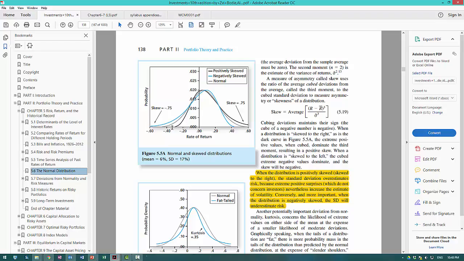So imagine you have a set of data which looks like the black line. It's positively skewed, but you think it's normal, or you made a mistake or a wrong assumption and you think that it's actually normally distributed. If you look at the two graphs, that means you expect there is a lot more downside because the gray line goes all the way out.